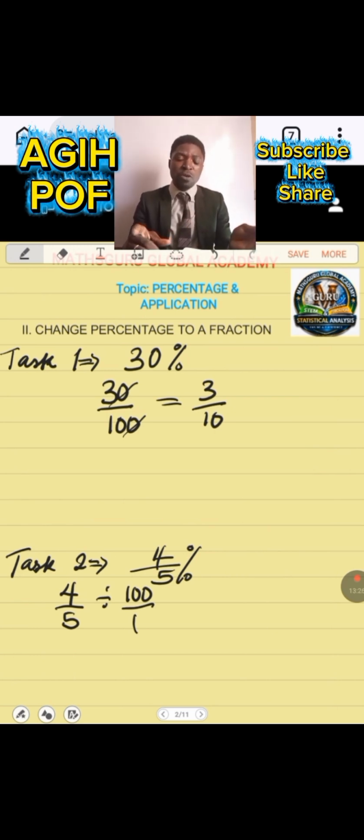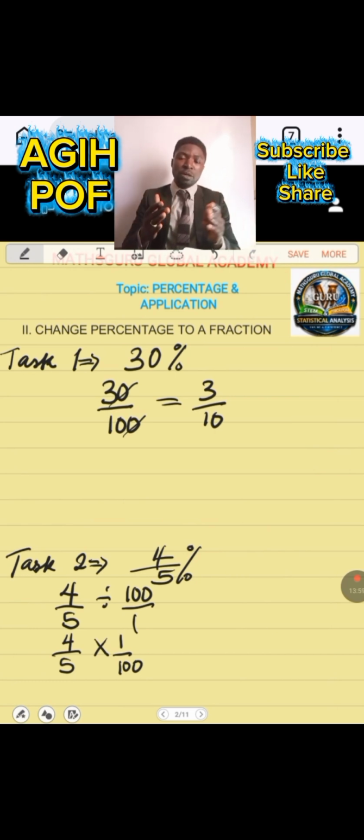So we can simply write 100 as 100 over 1. Now, what do we do next? We are going to change this division sign to multiplication. So if we have 4 over 5 and we are changing the division sign to multiplication, remember 100 over 1 is the divisor. So we are going to take the reciprocal of the divisor. We flip it, swap the numerator and the denominator, so we're going to have 1 over 100.